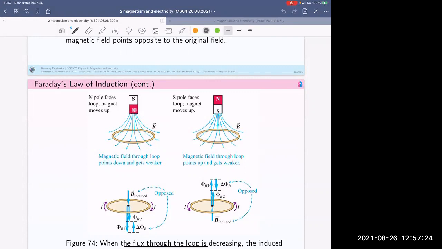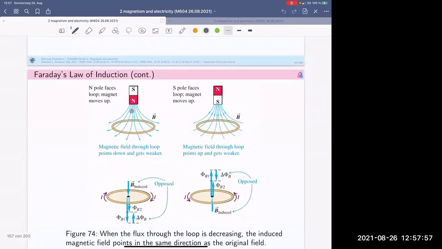Let's consider the conventional way first. Okay, the North Pole pointing to the circular conductor, but now we don't move it toward the conductor. We move it out of the conductor, and we would find that before, the flux has the vector pointing downward, right? And when you move it out of the conductor, the magnetic flux is going to be lighter, right?